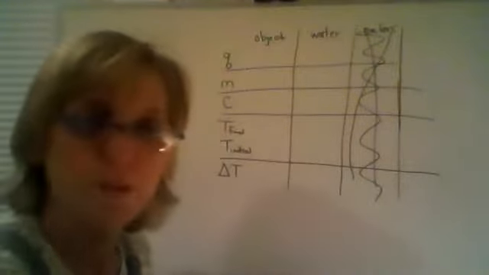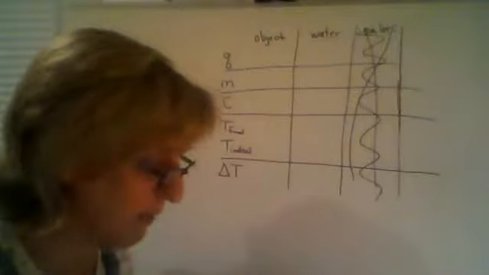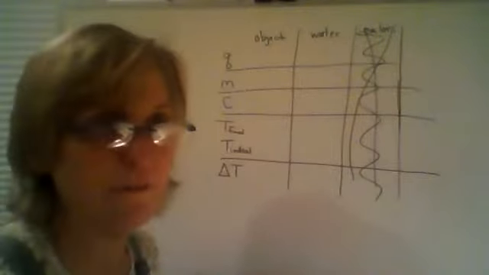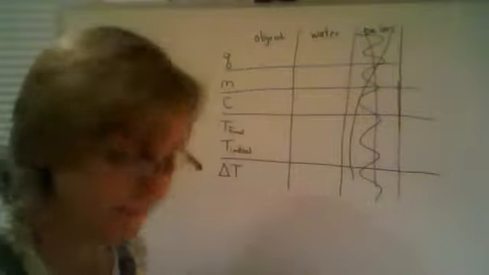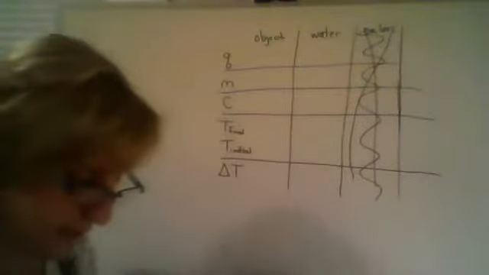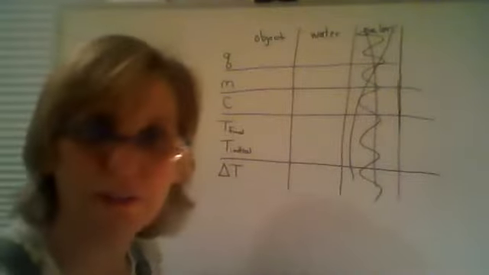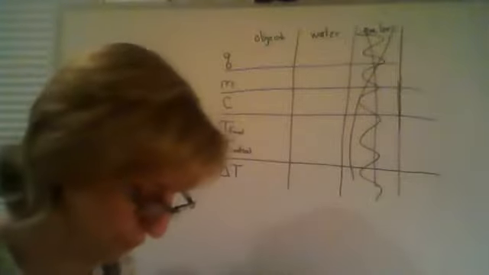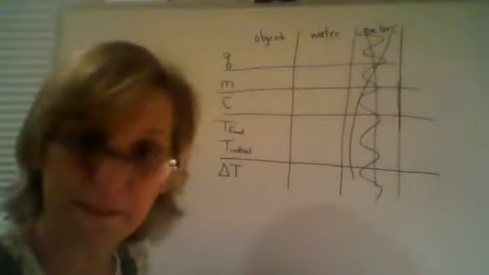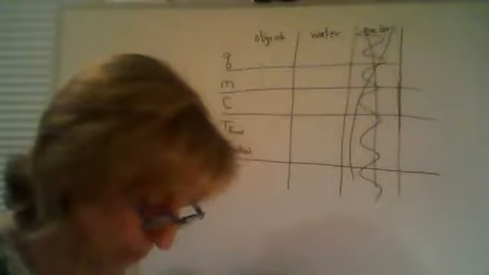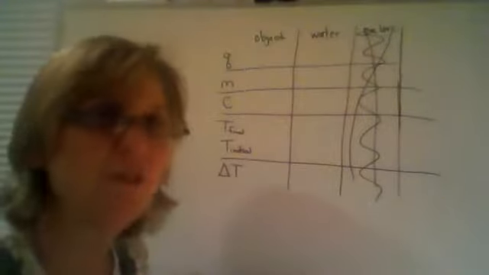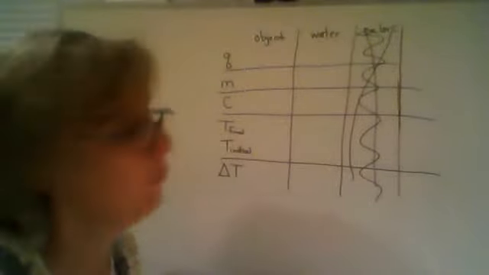So that's step 2. Step number 3 is enter all the information you're given about the object. Okay, so let's read it. Or I guess you could just fill this out as you go through. And it would look something like this. A calorimeter holds 175 grams of water.